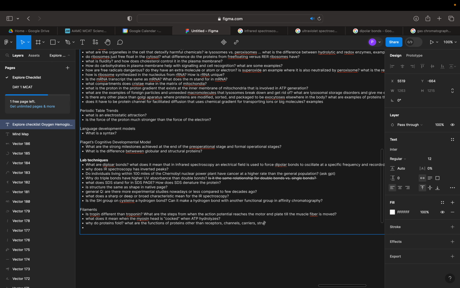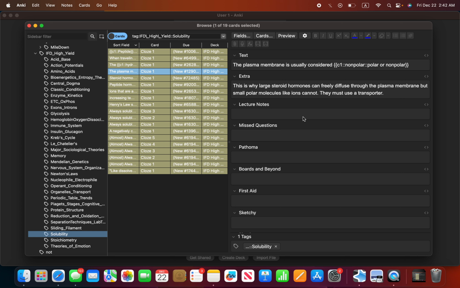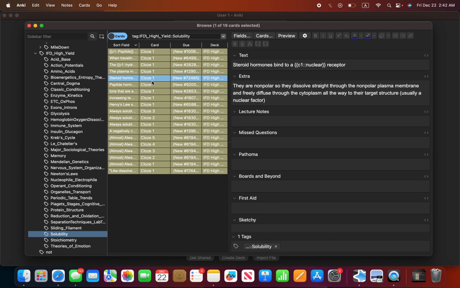The plasma membrane is usually considered nonpolar. That's why large steroid hormones can freely diffuse through the plasma membrane, but small polar molecules like ions cannot. They must use a transporter. Steroid hormones bind to a nuclear receptor.